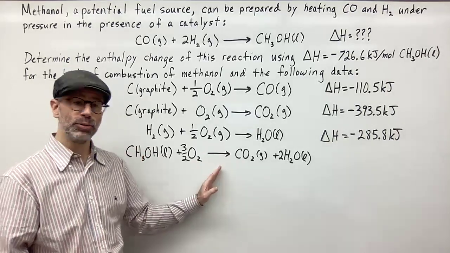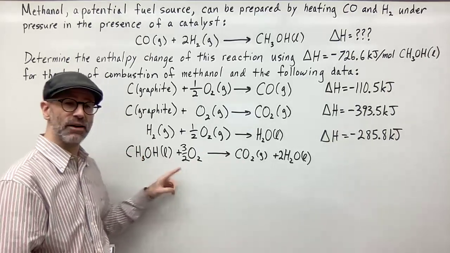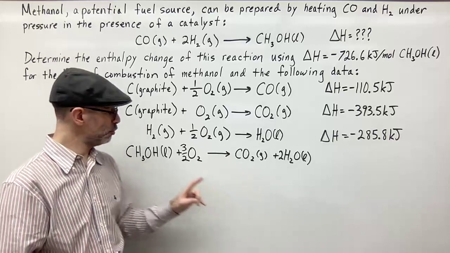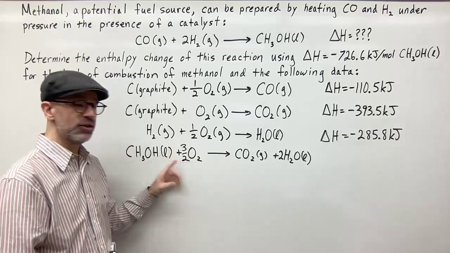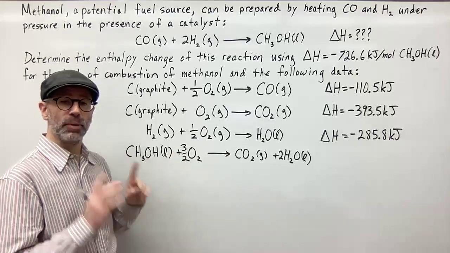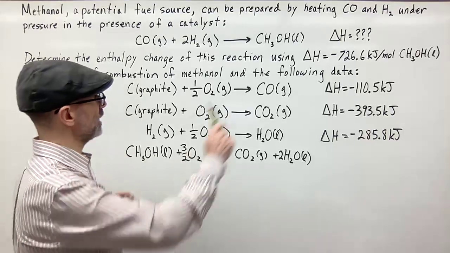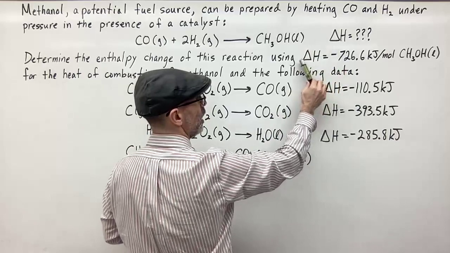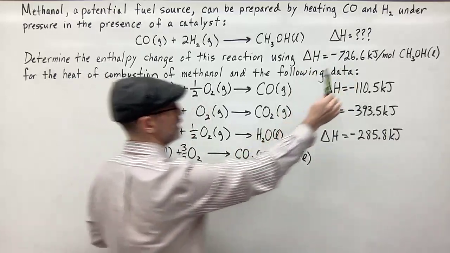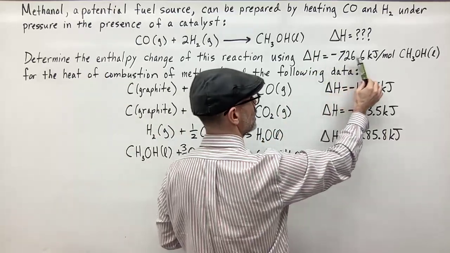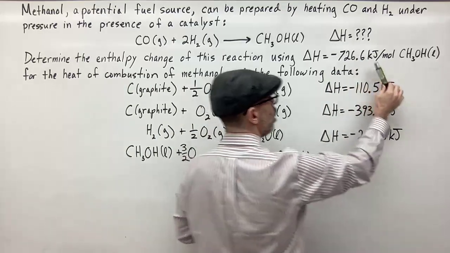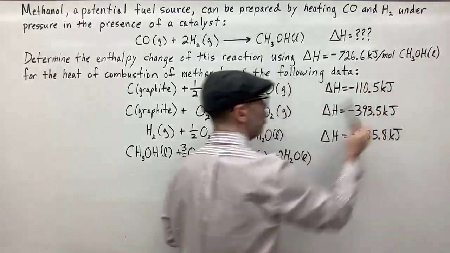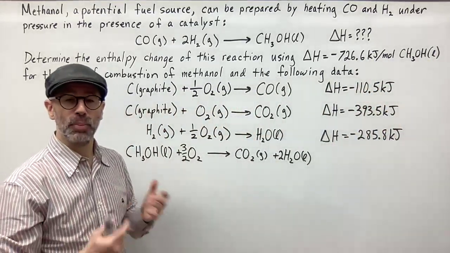Normally what we would do is get rid of the half and multiply everything by 2, so that we have no fractions here. But the key thing to pay attention to is that they give us the delta H of this combustion reaction of negative 726.6 kilojoules per 1 mole of methanol burned.